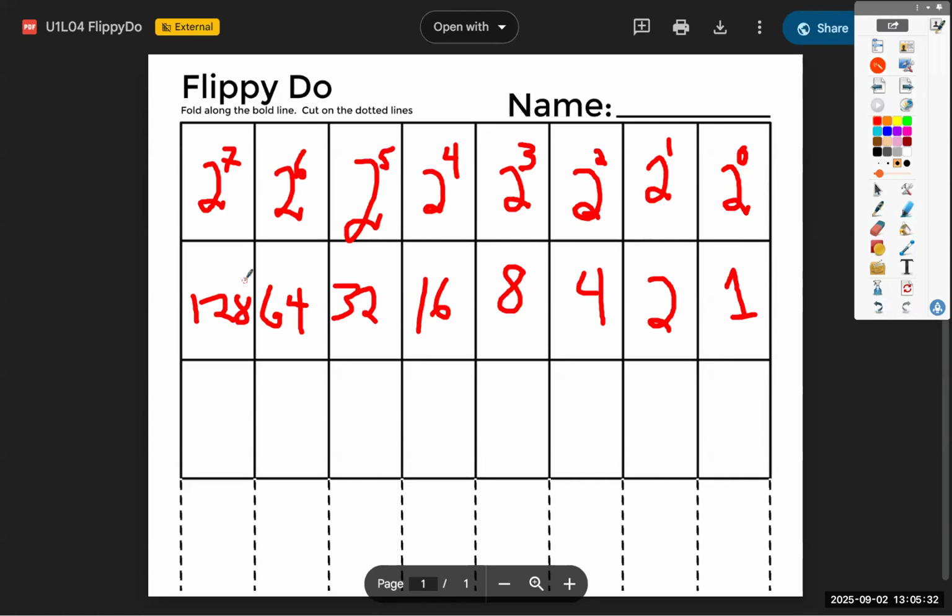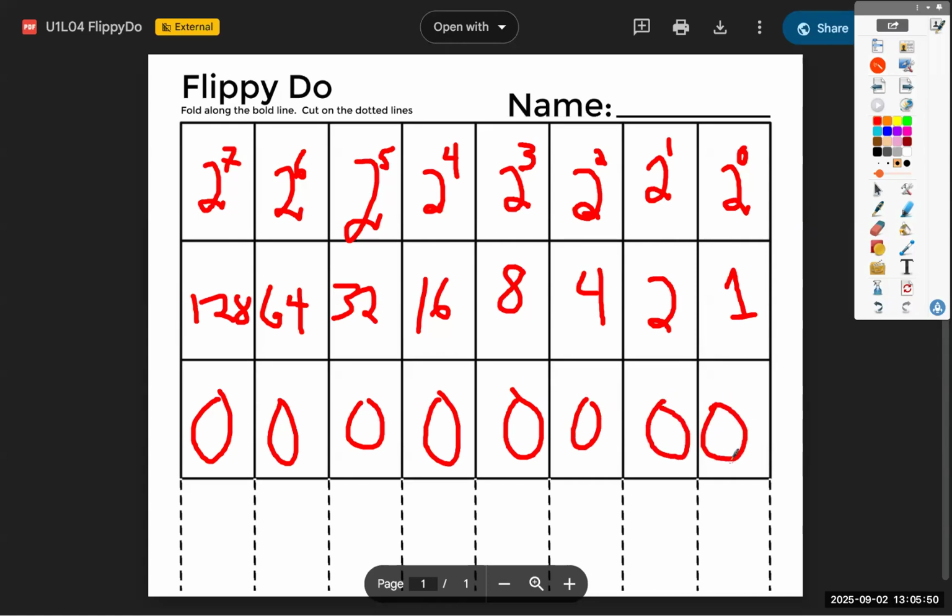Okay. Those are the columns. The next thing I want you to do is in this bottom row that's full, the row below that, put all zeros. Just go ahead and fill it across with some nice, neat zeros.